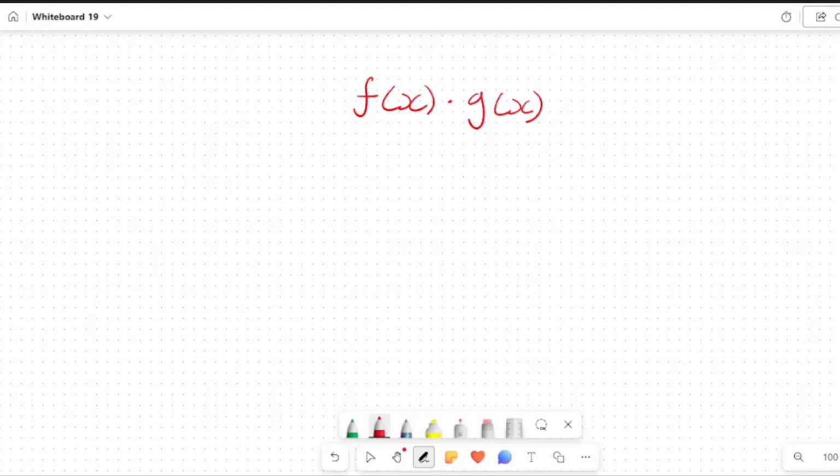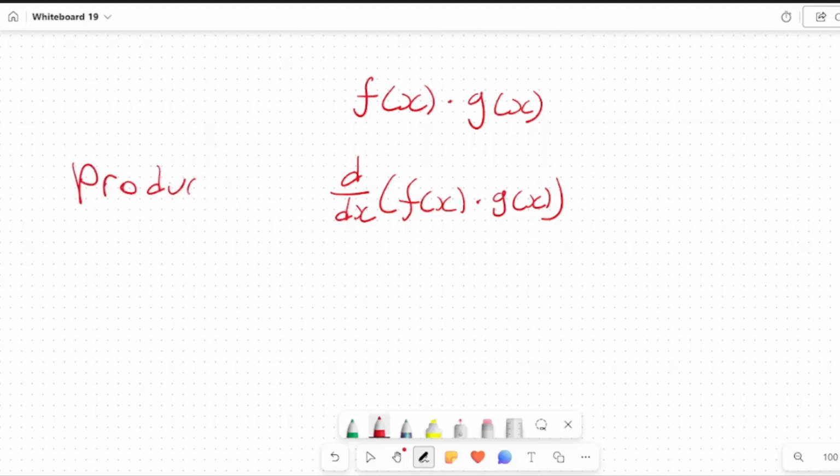So the derivative of f of x times g of x. So we have the product rule.